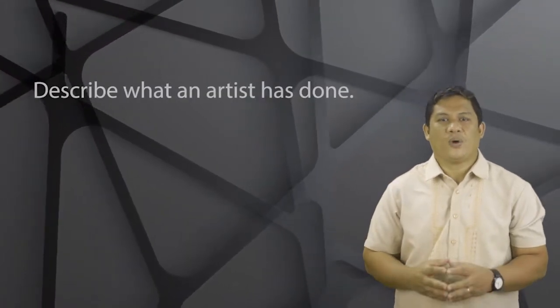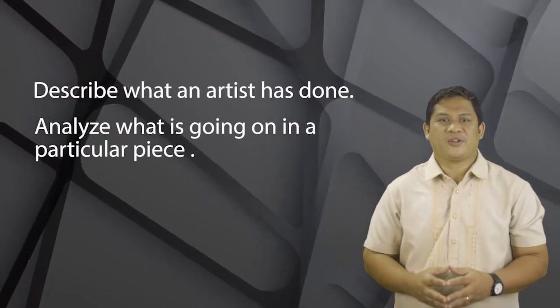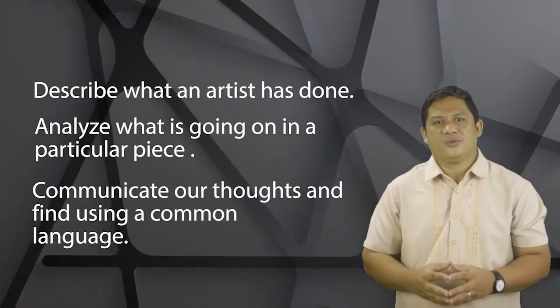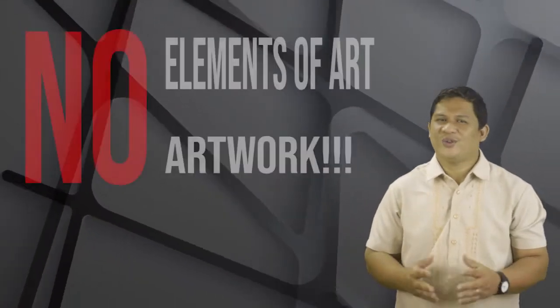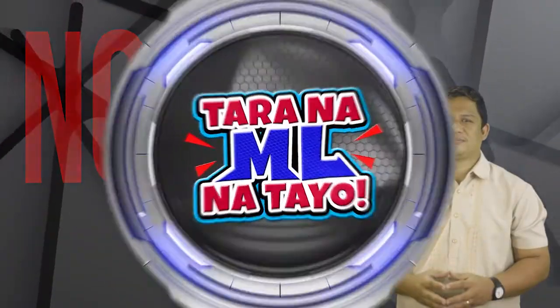Knowing the elements of art enables us to describe what an artist has done, analyze what is going on in a particular piece, and communicate our thoughts using a common language. Also remember, no elements of art, no artwork.